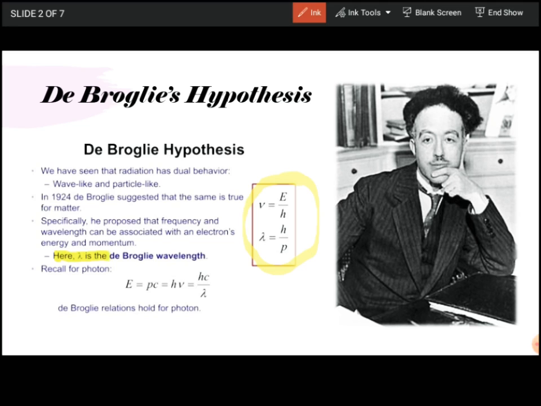Here lambda is the de Broglie wavelength, and the energy of the photon E is equal to pc, which is equal to h nu, which is equal to hc by lambda. So here the de Broglie hypothesis for a photon is considered. We can apply this for an electron also. This was the hypothesis of de Broglie, which gives us the wave particle duality. This is described in detail in my previous lecture. If you are interested, you can go back to the previous lecture and see it.